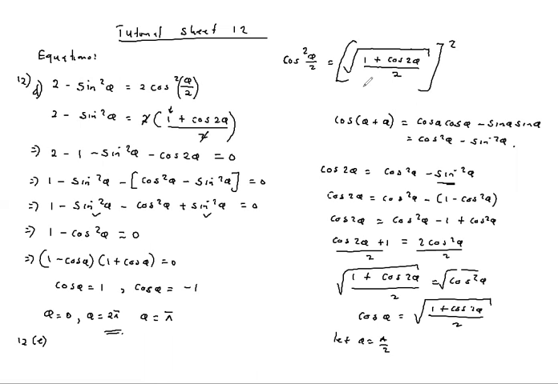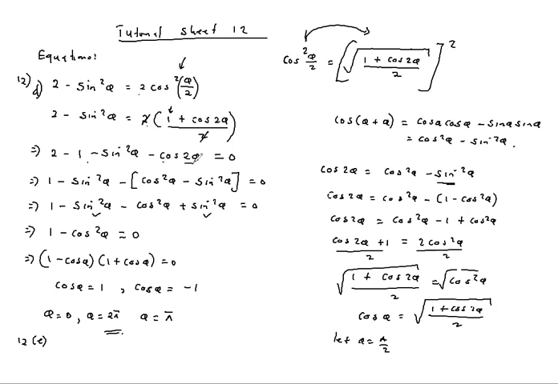So the only tricky thing that we have done here is to change this using its identity from here, which is 1 plus cos 2 theta over 2. Then the 2 cancelled. Then it becomes a normal equation now, where this one comes to the other side. Everything comes to the other side.